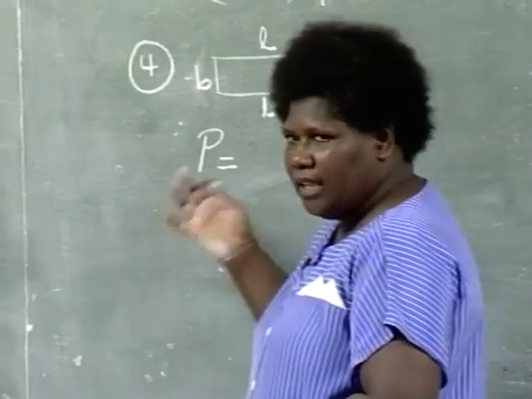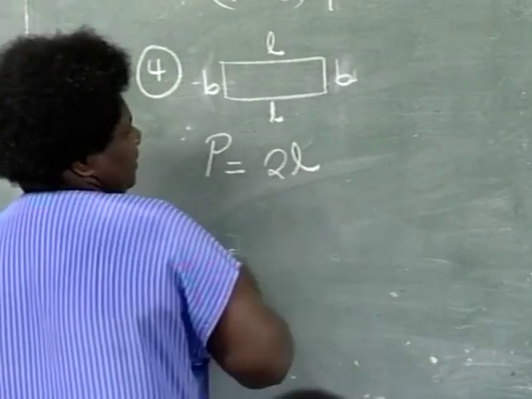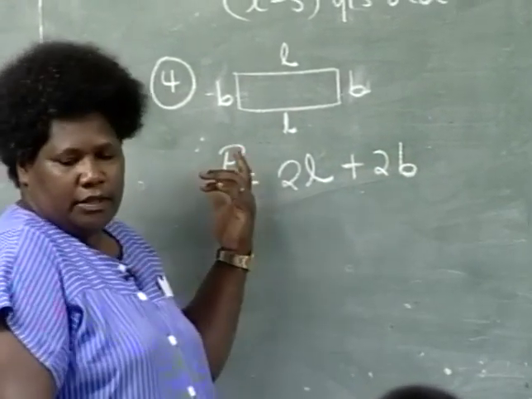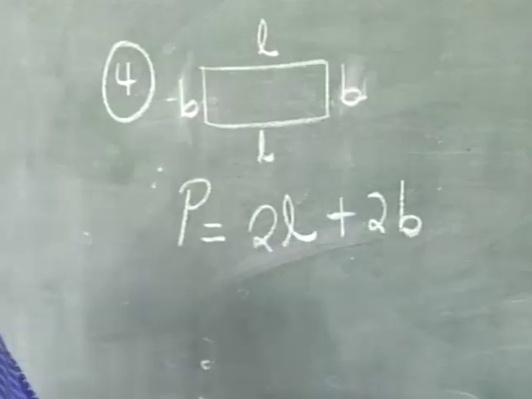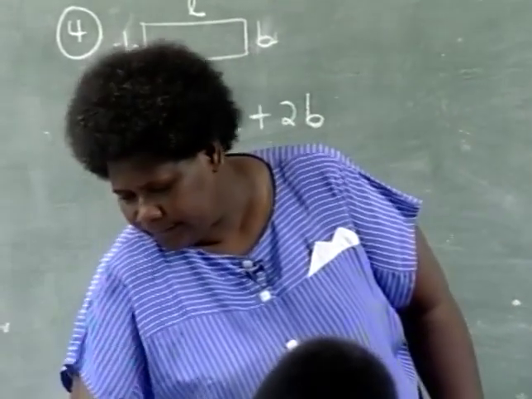It's twice the length plus twice the width. Since the length here is represented by L and the width by B, the perimeter for this particular rectangle is 2L plus 2B. That's the answer for number 4.